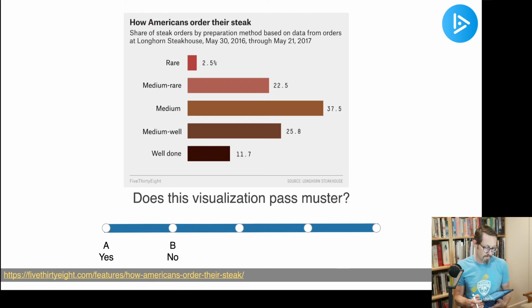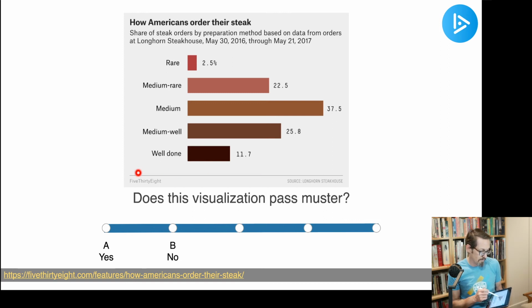How about this one? Does it pass? It takes a lot of adding to make sure it adds up, but I think it does. And in fact, I think it's a relatively well done graphic. There is a fair amount of chart cruft here that you might not like.